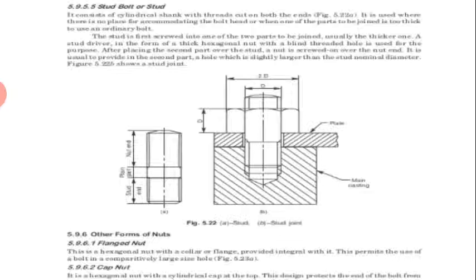So take appropriate dimensions. We will take D, the diameter of the stud, as 20 mm. Now mark any reference line. Below that reference line, mark the sectioned or solid region. Now calculate 2D, 40 mm.